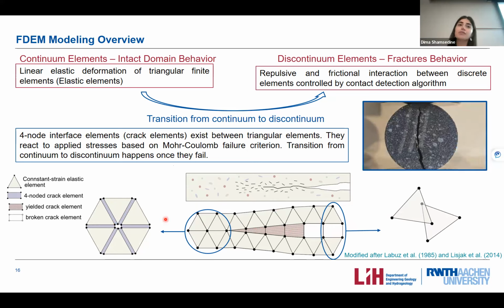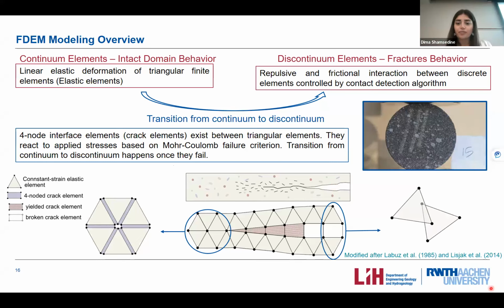So we can see the clear transition from a continuum media here. The crack elements are here, but this is an exaggerated view of them. The yielding of the crack elements, and hence the disappearance of the crack element, is the fracturing happening. This figure also shows the material itself: the intact continuum material, the yielding part where micro cracks and potential failure are happening, and finally the splitting and the fracture happening.